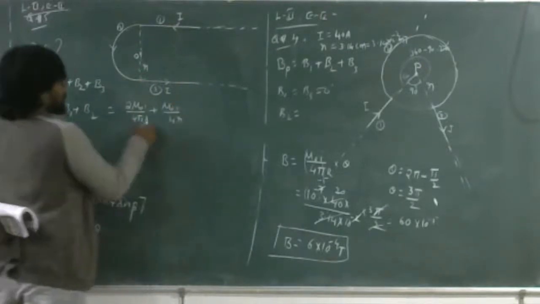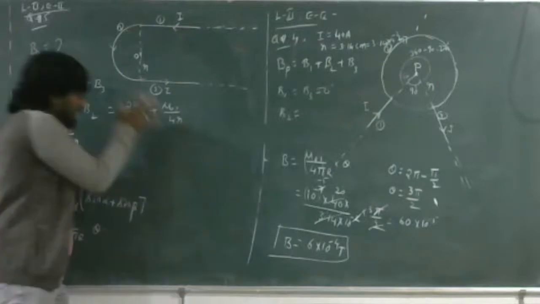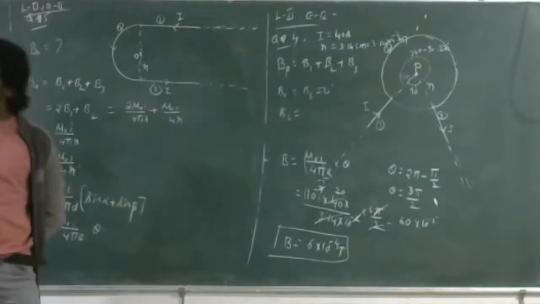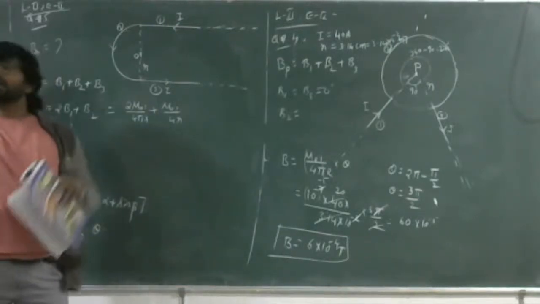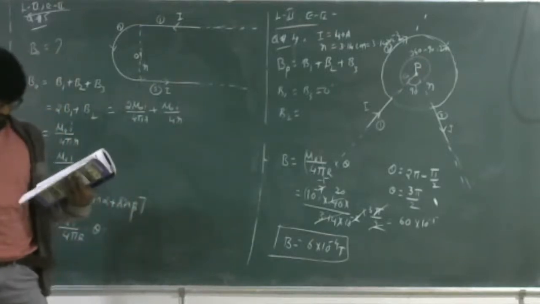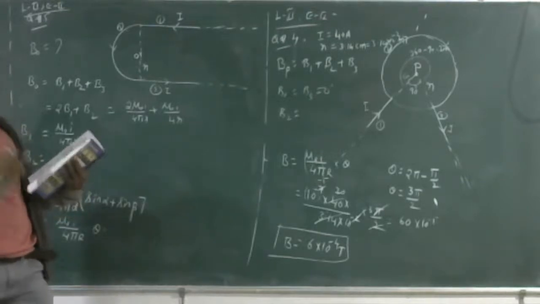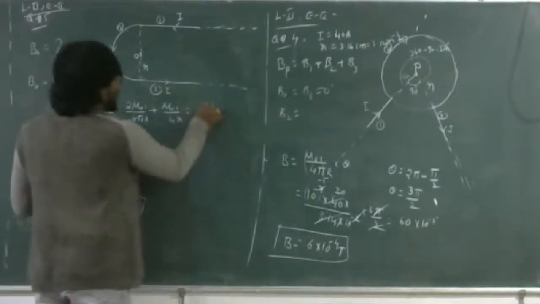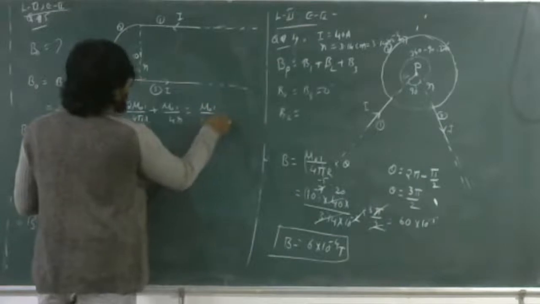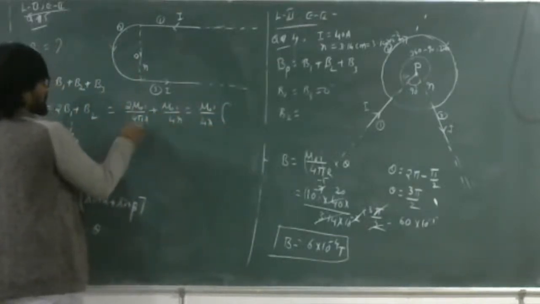Here mu naught I by 4r is common. You can take this out and simplify based on the options. If options are given as it is, you can leave as it is. If options are given a little differently, based on the options you have to simplify. So look at the options, right? They have given in terms of mu naught I by 4r, they have taken common. So mu naught I by 4r we take common, 4r out, 1 remains here. 4r out, 5 is there.